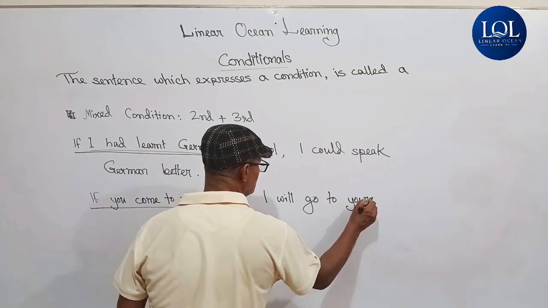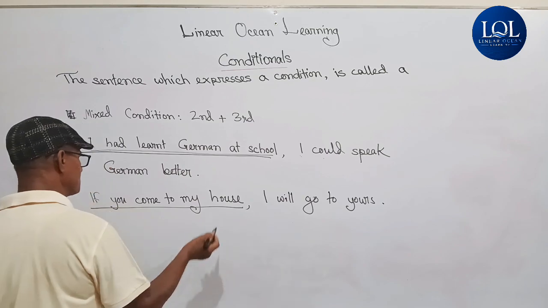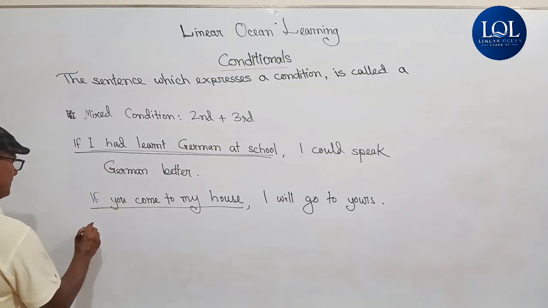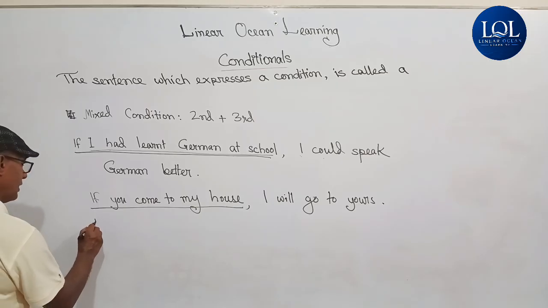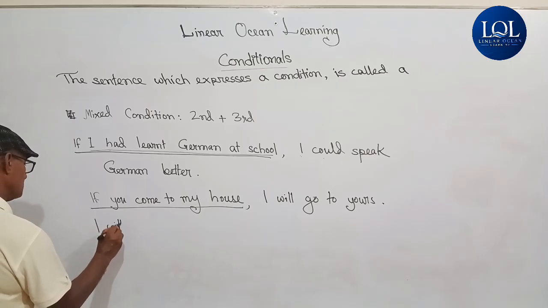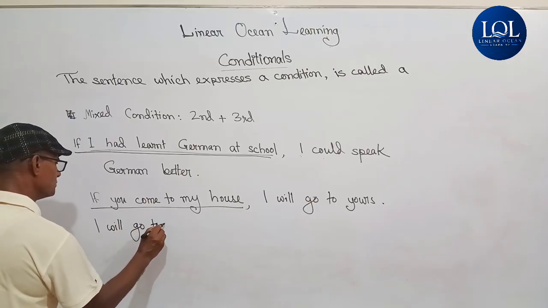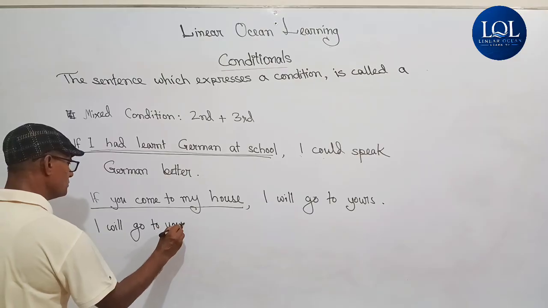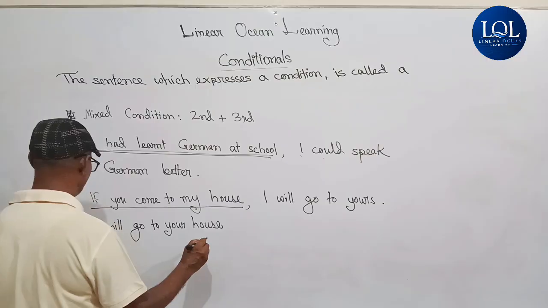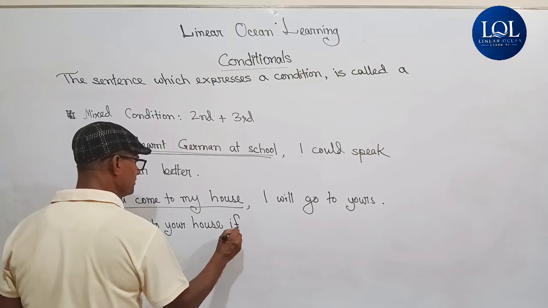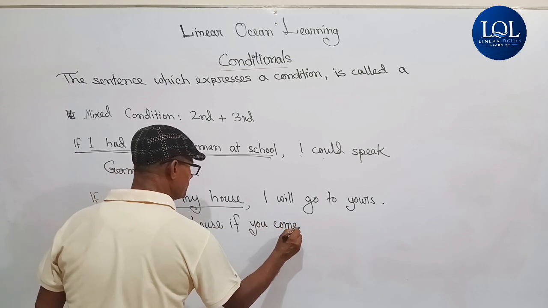Go to yours. Now, if we put the principal clause at the beginning, then it comes out to be: I will go to your house, if you come to mine.